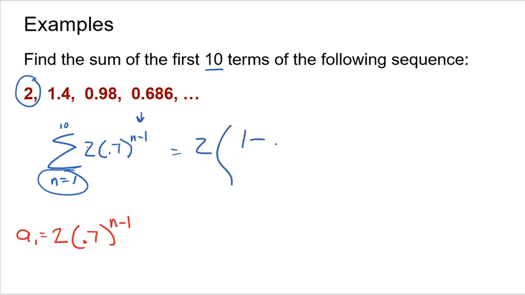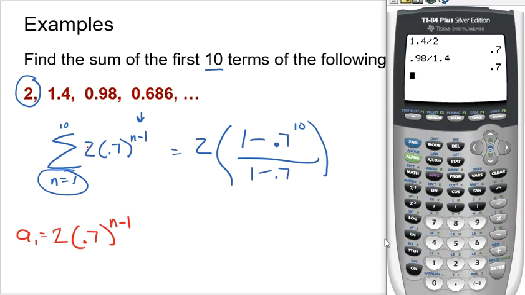Then I'm going to follow my formula. It's 1 minus my ratio raised to the number of terms. I clearly have 10 terms, 1 through 10, all divided by 1 minus my common ratio of 0.7. Now I'm just going to go to my calculator. Be very careful. 1 minus 0.7 raised to the 10th. Hit enter. Divided by 1 minus 0.7, I can do that in my head. That's 0.3.